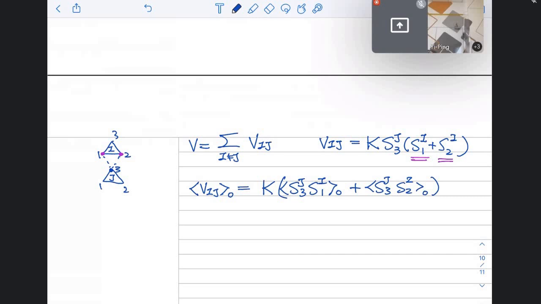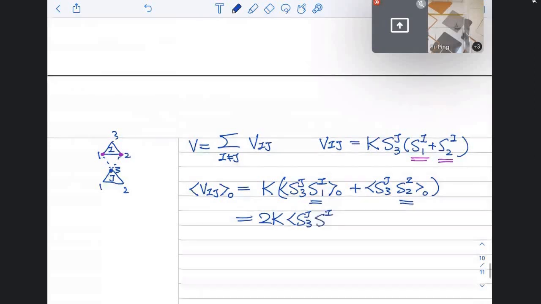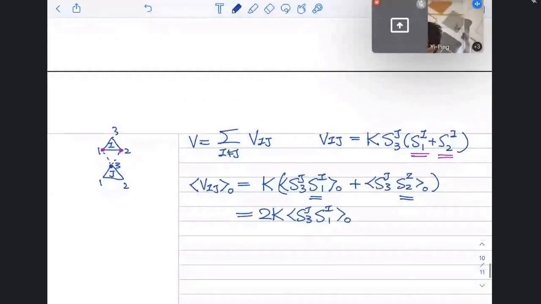Then 1 and 2 basically are just equivalent. There's no particular reason why 1 is special and different from 2. So this result should be the same as twice the contribution of this correlation function. So that's one of the simplifications we found.